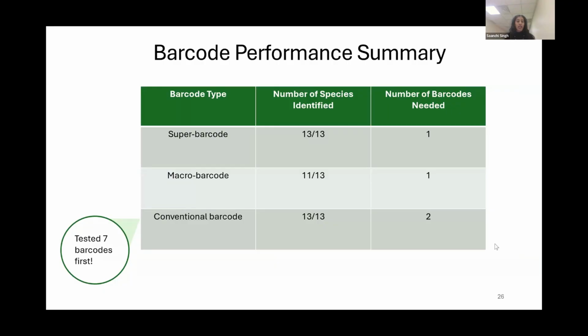However, we first had to test 7 different conventionally sized barcodes and optimize conditions for each of them, only to end up having to use 2 for species distinction. Ultimately, less optimization was required for the macro barcodes, and less input DNA was needed in comparison to the super barcodes, simply due to that medium size.